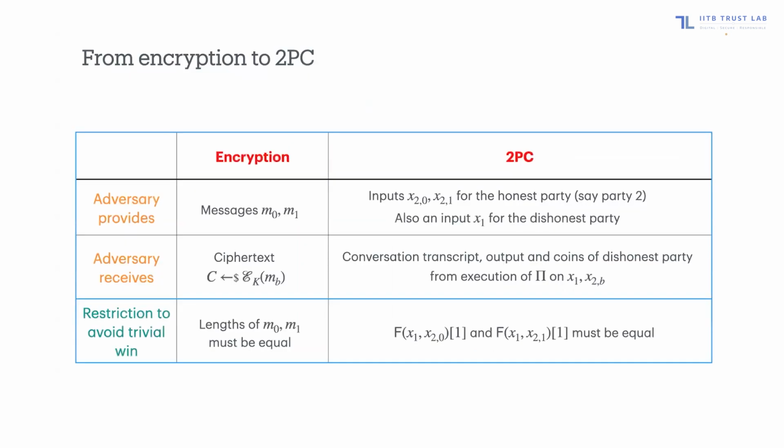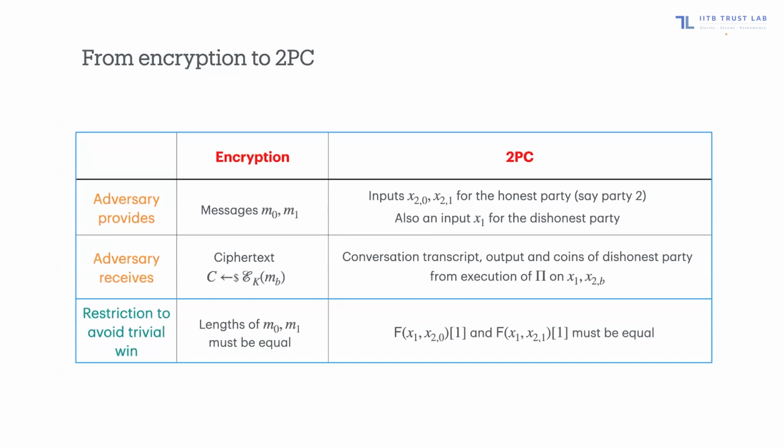So to go from that definition to a definition for two-party computation, we can see the analogy here. In encryption, the adversary has access to an encryption oracle, provides two different messages, and one of which is chosen by the encryption oracle to return the ciphertext. In two-party computation, since we have two parties, one of which will act as an adversary, the adversary provides two inputs to the oracle that it has.